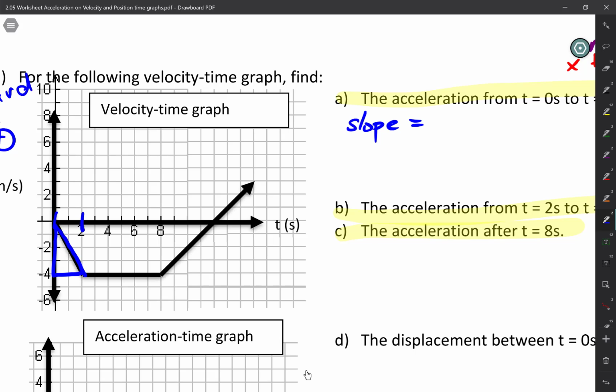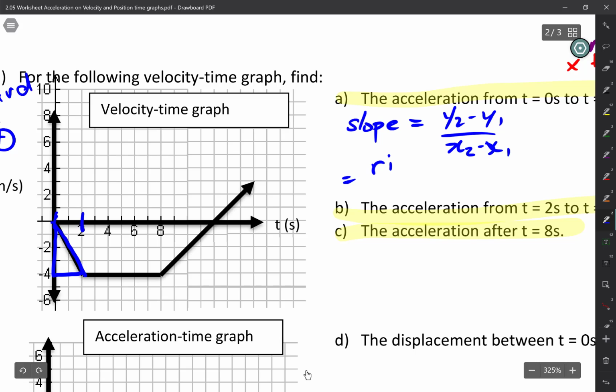You might remember slope as y2 minus y1 over x2 minus x1. And you could do that if you want to grab this coordinate and that coordinate, but I'm going to do it a much faster and maybe more intuitive way, depending on who you are.